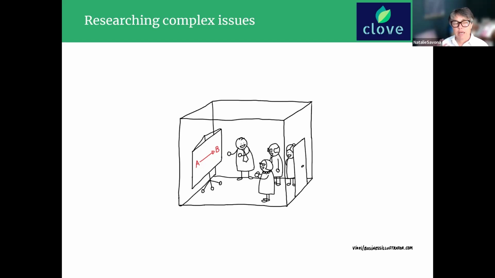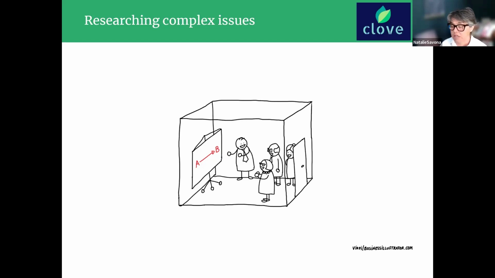So when you're looking into very complex issues, what you're trying to work out is what's happening. Shaza showed us that map of the food actors. And we're also trying to get a sense of why is all of this happening, and how are things happening? Most of us in our team have public health backgrounds, so we're used to illustrating very complex things.